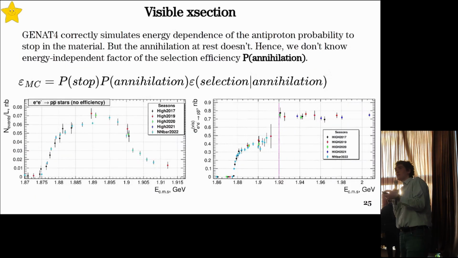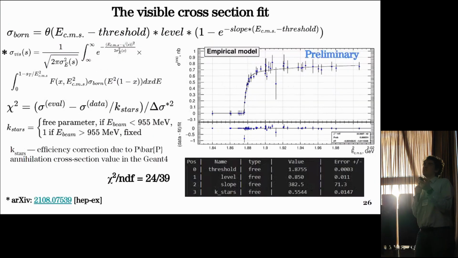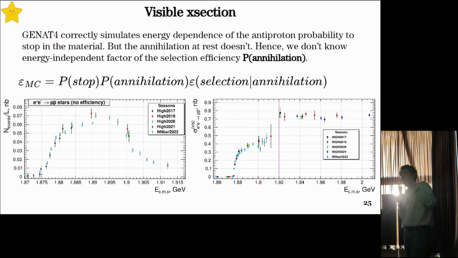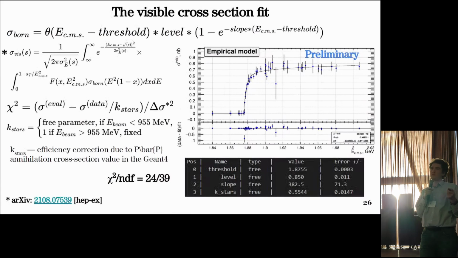And to take into account this effect, we introduced an additional parameter in the fit of visible cross-section to obtain this correction, to take into account this step, and also to obtain Born cross-section.